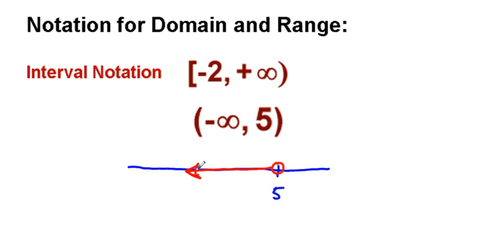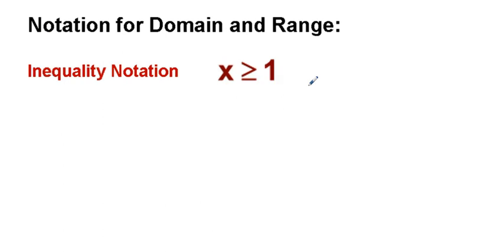That's what it looks like in number line notation. Inequality notation, x ≥ 1. Again, the number line version of this is going to be 1, and greater than or equal to is going to be that point there, going to the right.